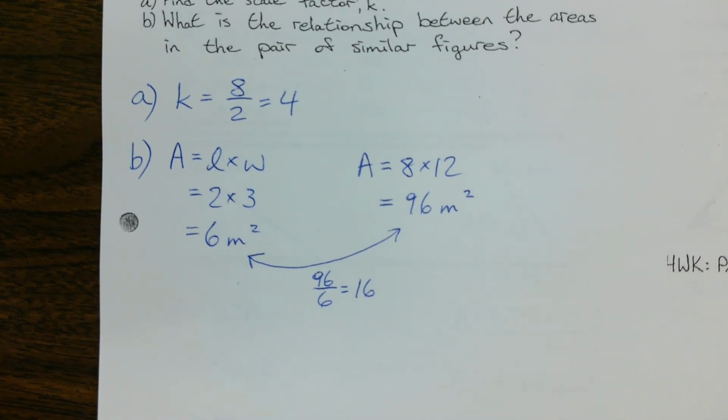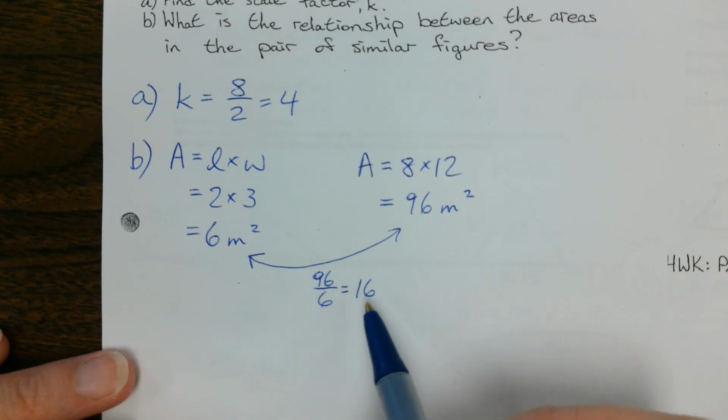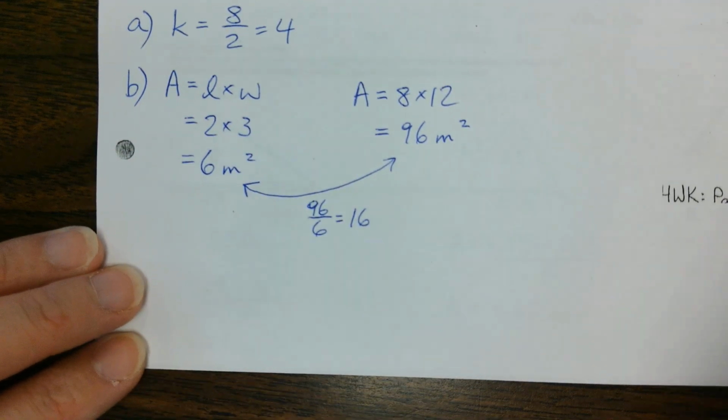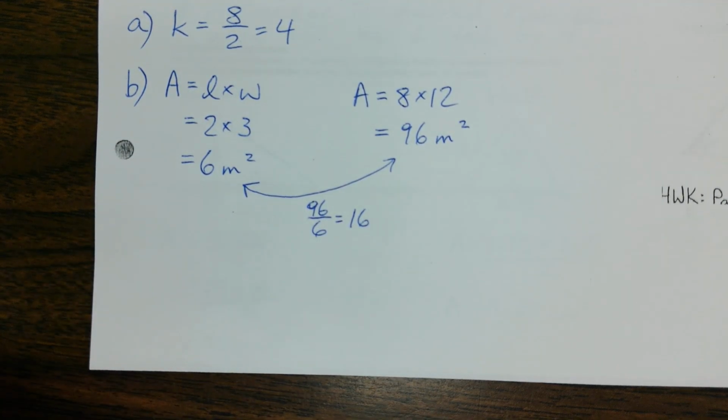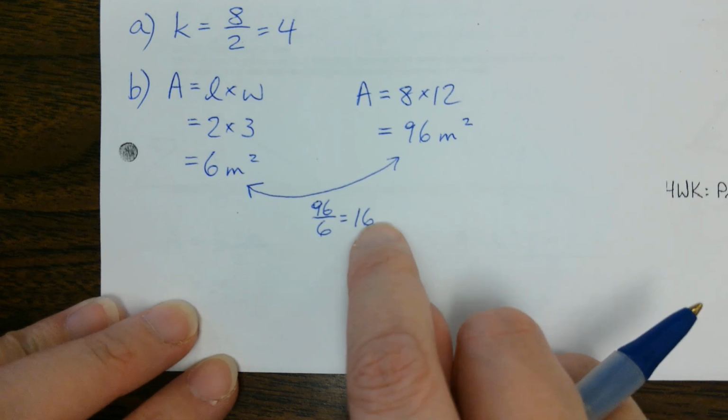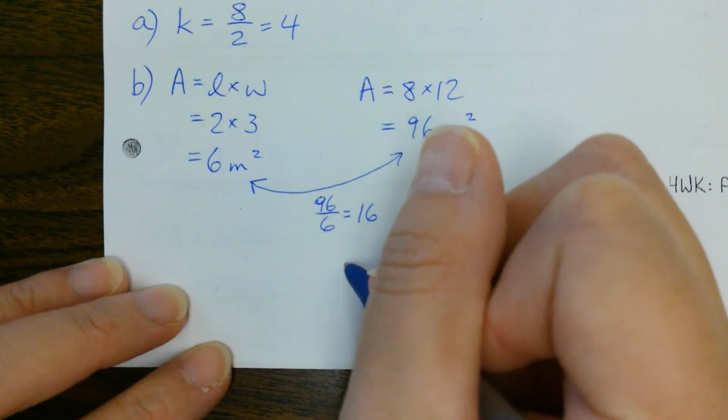What connection do you see from part A and part B? Yep, B is K squared. So the connection between them, you know how yesterday we got 4 as well, but then we said, well, it can't be 4 every single time. What if the triangle or the rectangle is 100 times bigger? It can't be just 4. So where did we get 16 from yesterday? It's K squared.